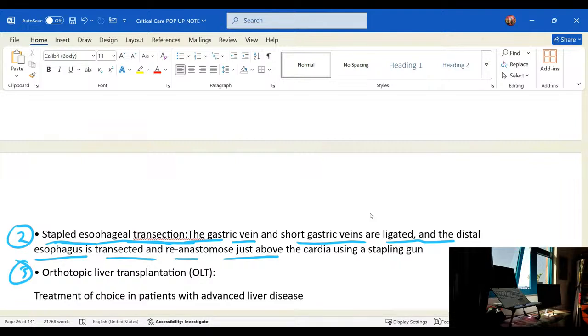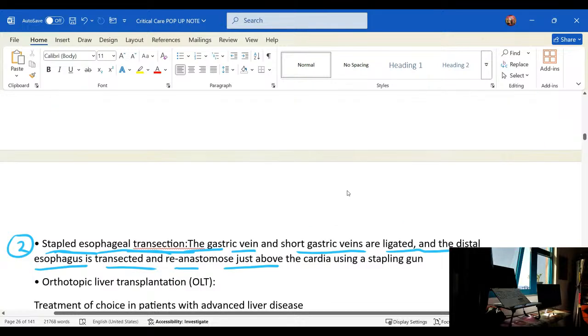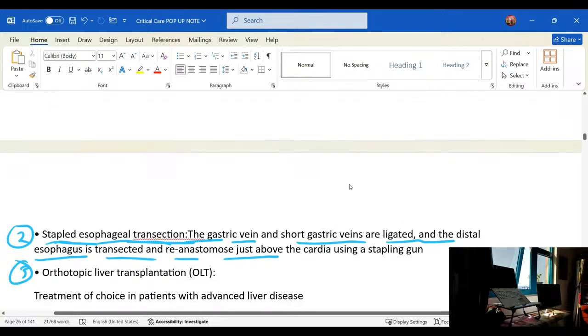So these are the options for portosystemic shunt: one is transjugular intrahepatic portosystemic stent shunt, staple esophageal transection, and orthotopic liver transplant.